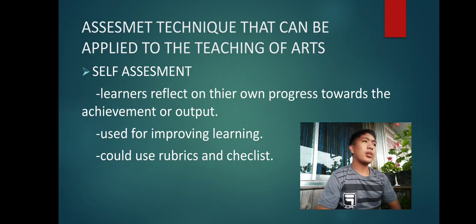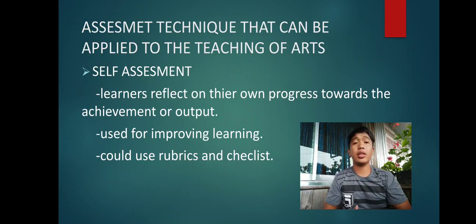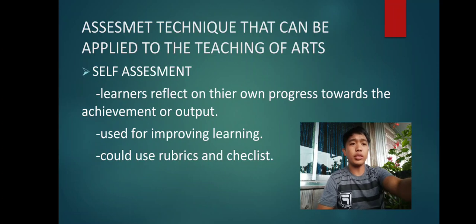Or sometimes we could talk to the students and ask them, what did you do wrong? What did you find really difficult on this test or on this activity? And in that case, they will be assessing themselves, of course.